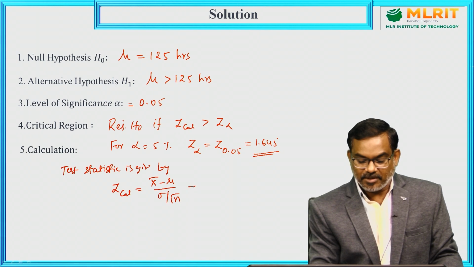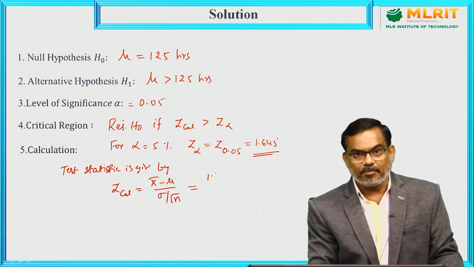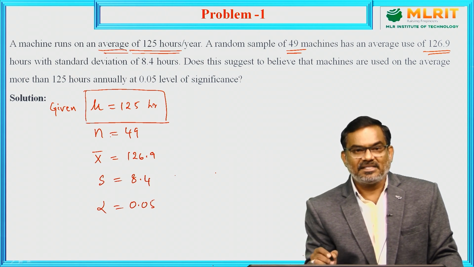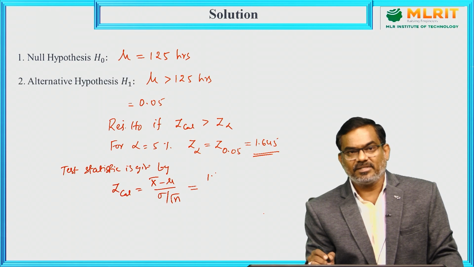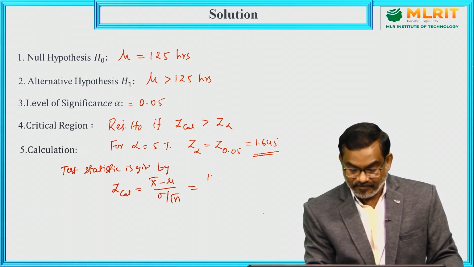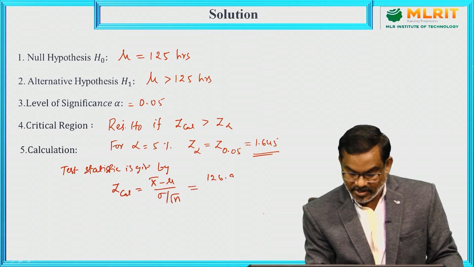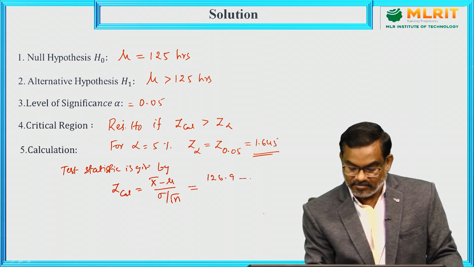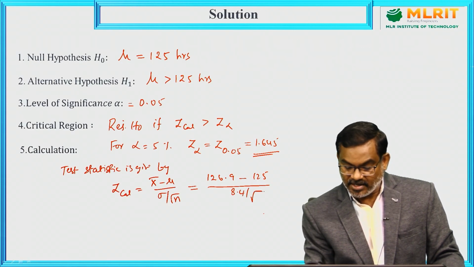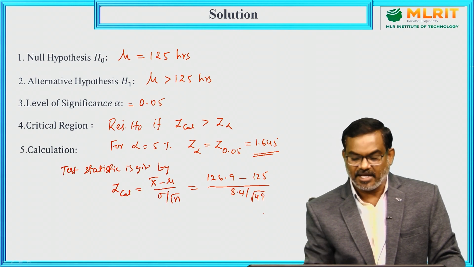Now, we can substitute the given values. X bar is given in the problem 126.9 and S is 8.4, 126.9 minus 125 by 8.4 by root n, a random sample of 49 machines, n equal to 49.